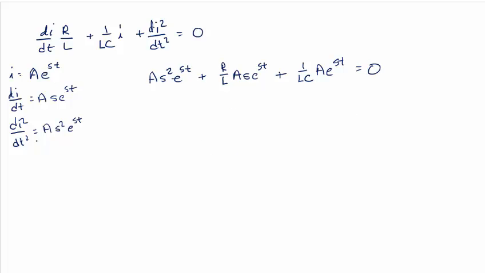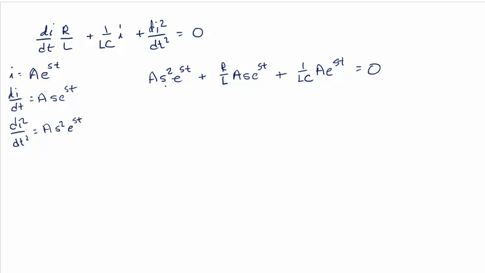So I found those derivatives and substituted them back into this second order differential equation, and that's what it looks like. Remember, we're trying to find our solution for the current i that solves this differential equation.